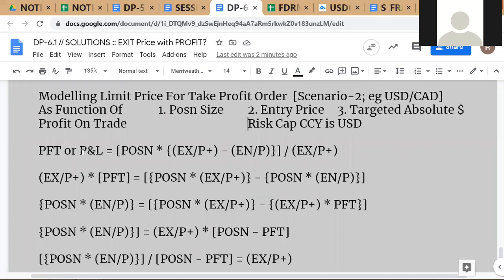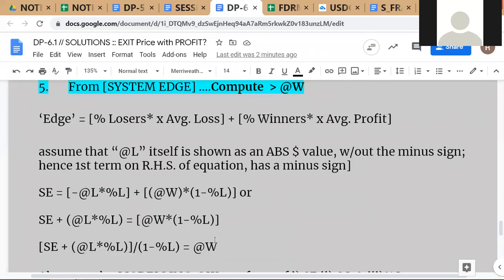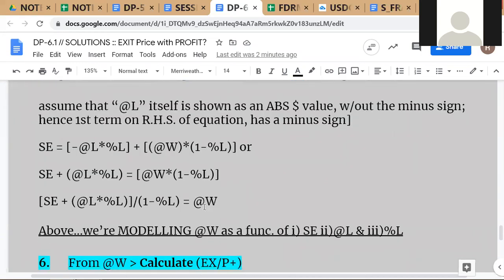If you look at average win, you've already come out with average win before. In the previous step you got the average win.